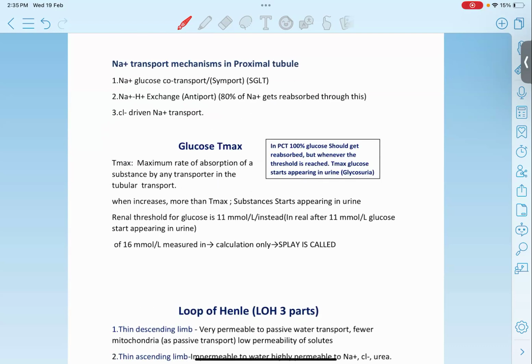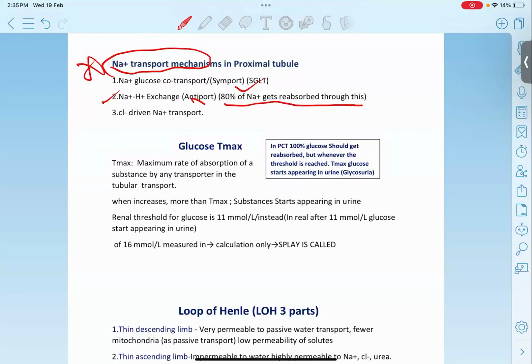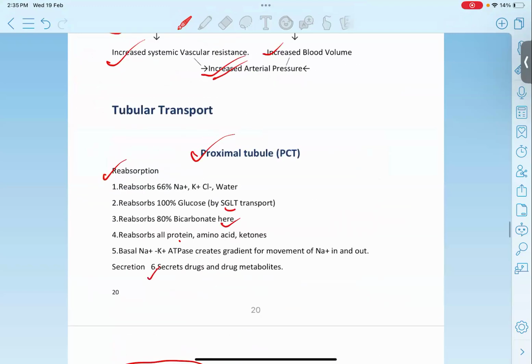Next, the sodium transport mechanisms in the PCT. We have SGLT, sodium glucose co-transport, and the sodium proton exchanger. It is an antiporter, and 80% of sodium gets reabsorbed through it. This is very, very important. I mentioned 66% of sodium gets reabsorbed in the PCT.